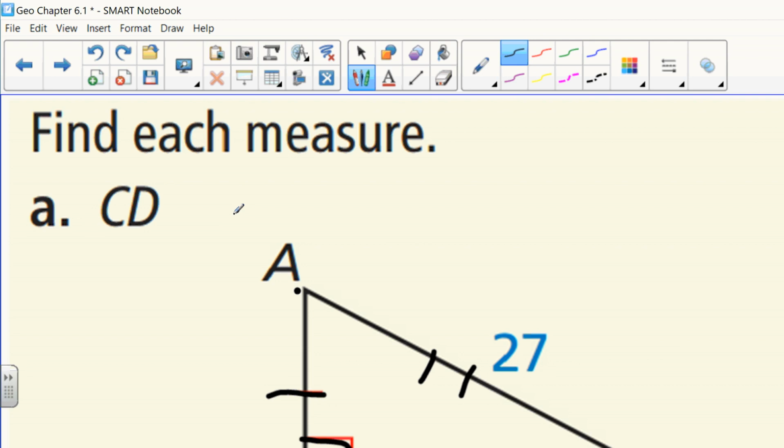So if AD is 27, DC is going to be 27. Well, the fact that it is a right angle, it is a perpendicular bisector, and it cut this line in half, those two parts together make it so that these two segments are going to be congruent. Any other questions on this here?